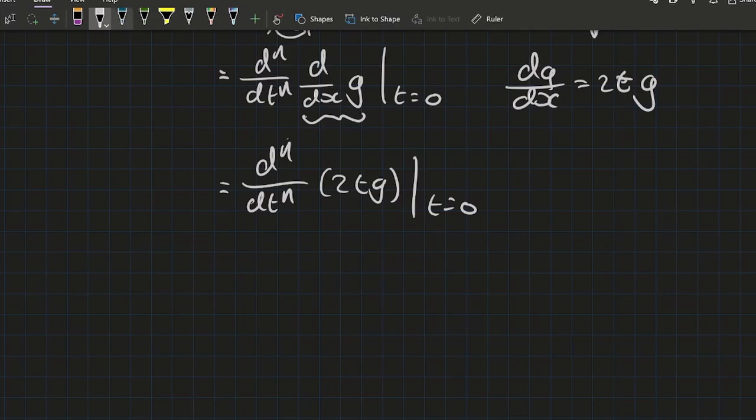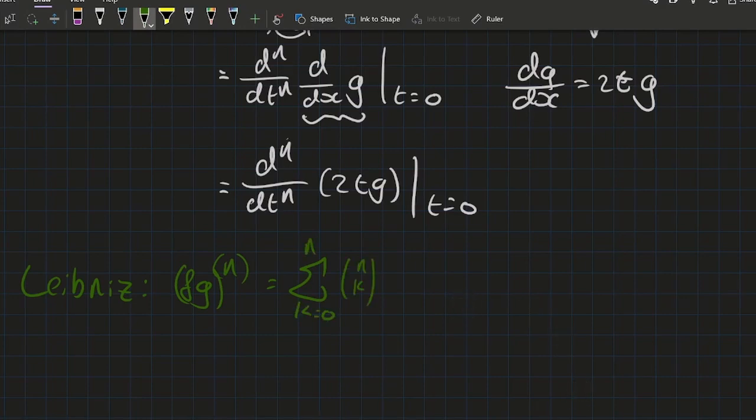So just as a side note, the Leibniz product rule says that the nth derivative of the product of two functions can be given by the sum from k equals 0 to n of the binomial coefficients times the kth derivative of f times the n minus kth derivative of g, where these index values in brackets denote derivatives.